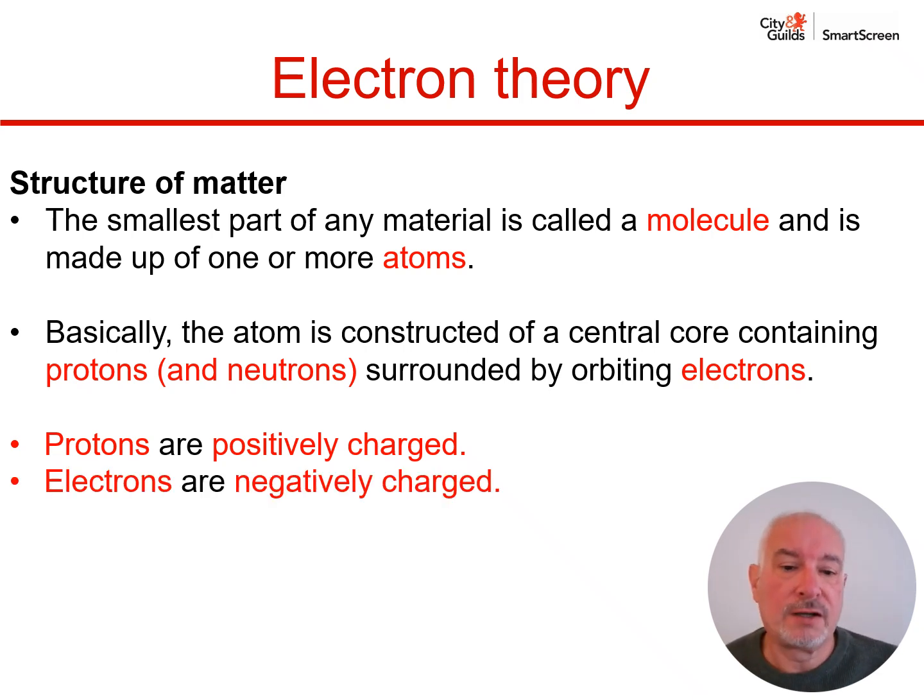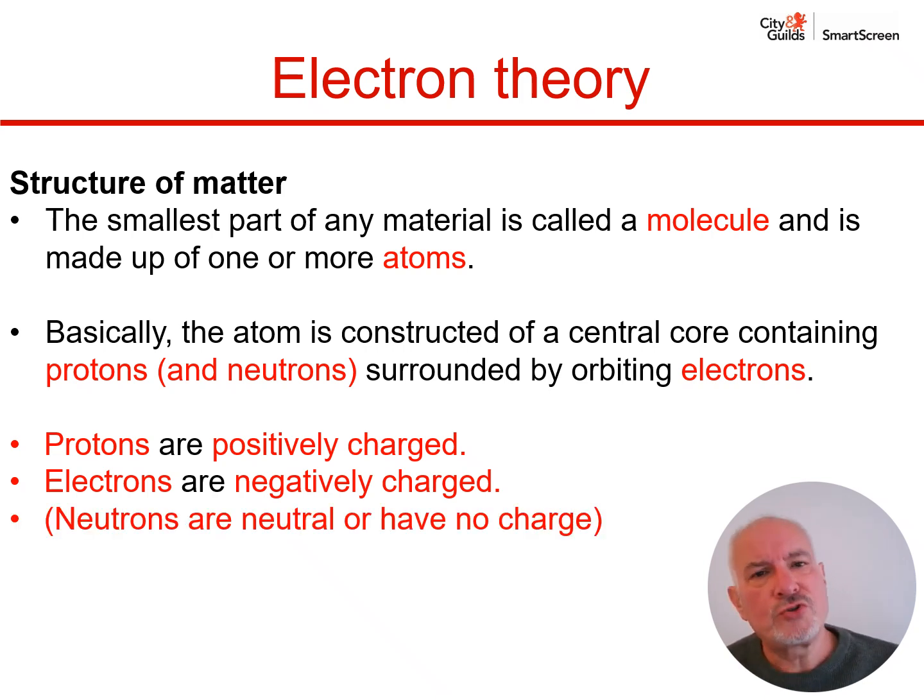Electrons, on the other hand, are negatively charged particles. Neutrons, well, they're neutral. In other words, they carry no electrical charge. Now, neutrons are important to how the universe works and holds together, but in terms of understanding electricity, they're not so relevant to us. We're more interested in the protons, the positively charged particles, and the electrons, the negatively charged particles.